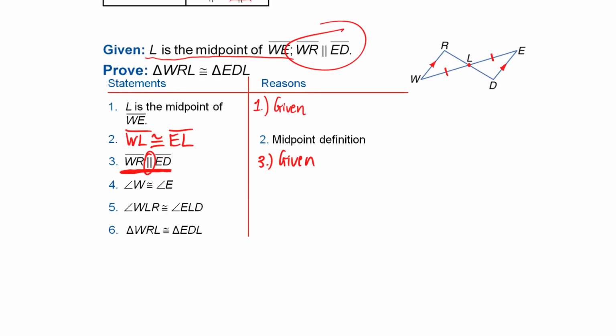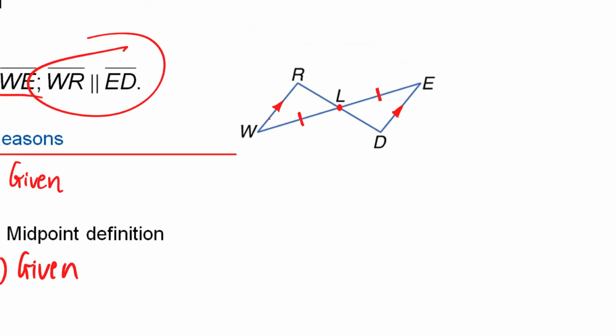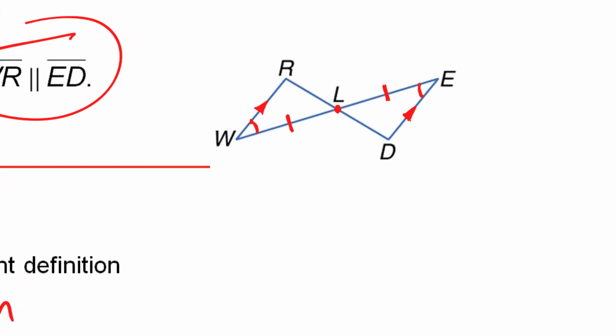Okay, now the next thing they say here is that angle W is congruent to angle E. The reason for this is actually going to go back to our last unit. If these two lines are parallel, what's up with angle W and angle E? Side angle side?